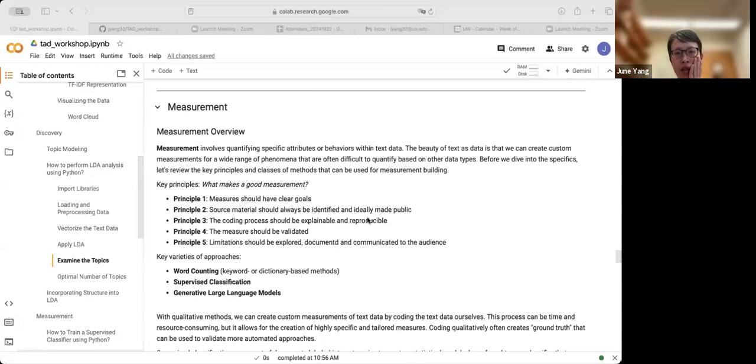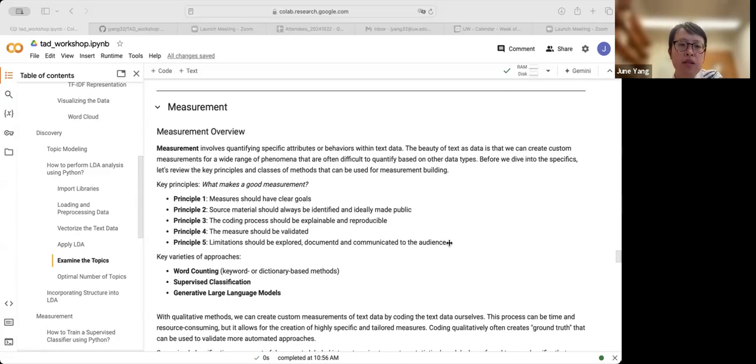You don't have a lot of measurements or variables to work with, as compared to, for example, a survey data set, where we usually have a lot of variables to start with. So when we work with text, a key step is always to build some type of measurements before we can use text data for a next step, like modeling or inference.